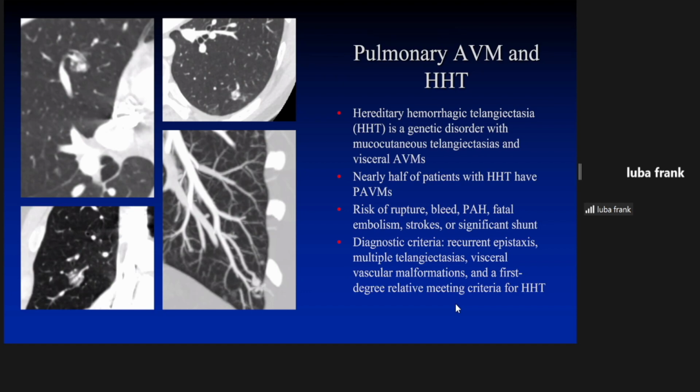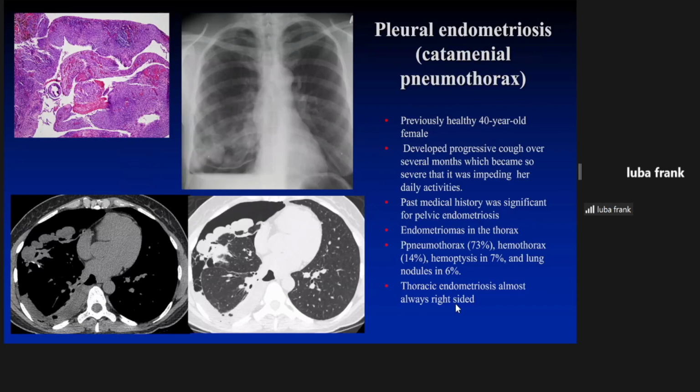So another entity is pleural endometriosis or catamenial pneumothorax, a very rare entity. We did have a patient that I wanted to show you. It really looks like pneumothorax here, but there also looks like soft tissue density seeding, those nodules seeding the pleura. There's also pleural effusion. The patient is 40 years old, relatively healthy.